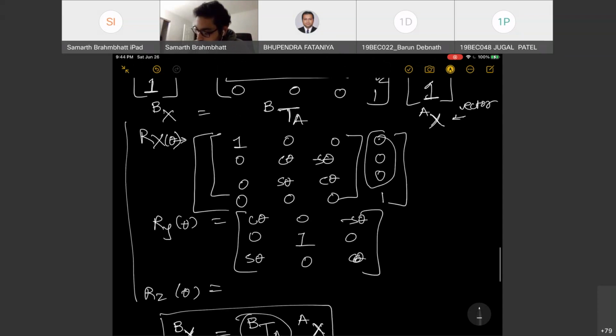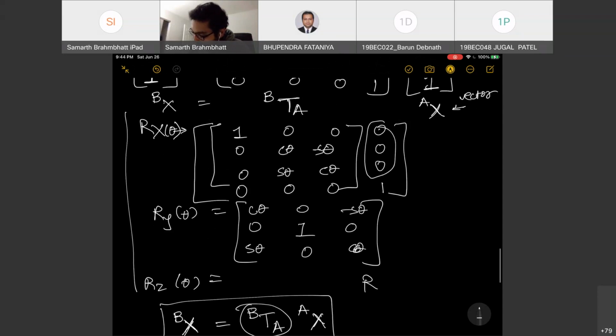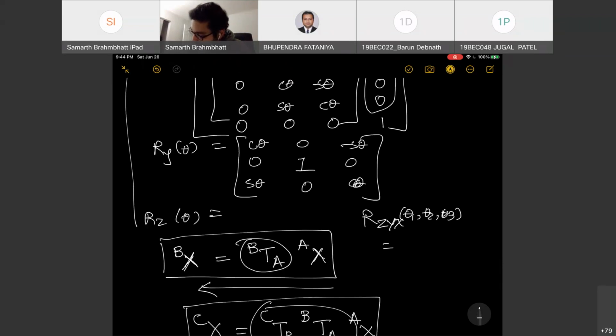So if you want to get the combined rotation matrix R_ZYX of theta 1, theta 2, theta 3, then basically you first do Rx by theta 1, Ry by theta 2, Rz by theta 3, and you will get the final matrix, right?